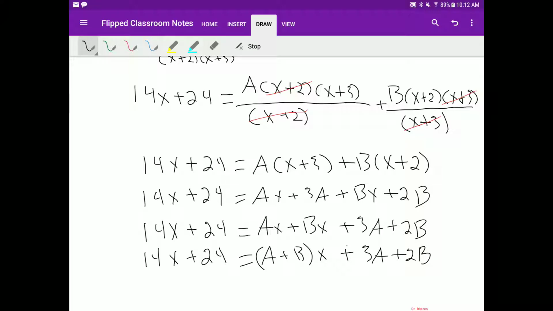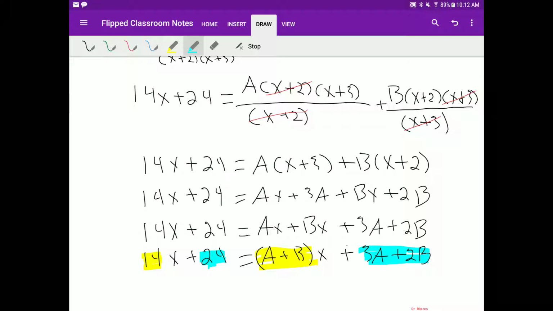Okay. Now, if we take a look at what happens here, we have a 14 as the coefficient in front of x, and a plus b as the coefficient in front of x. And then we have 24, and we have 3a plus 2b.